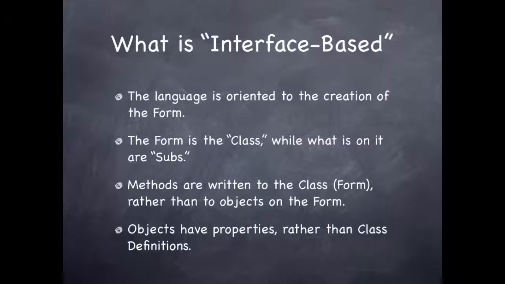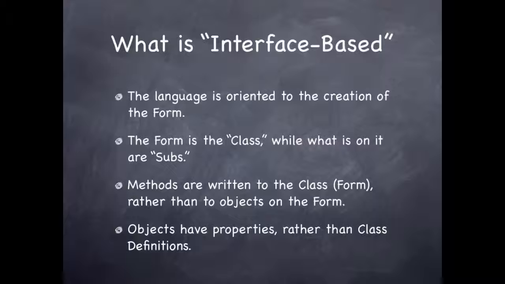So what's interface-based? Interface-based means that the language is oriented to the form rather than to the object. The form is the class, while what's on it are subs. And by that I mean the form, basically the instance variables. If you're used to any other language, the instance variables are the objects that go on the main class, which is the form.